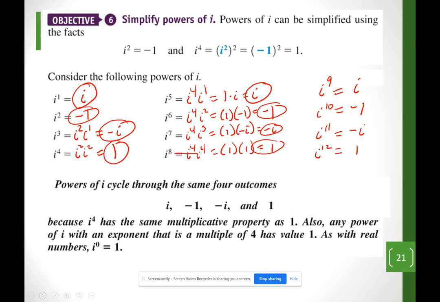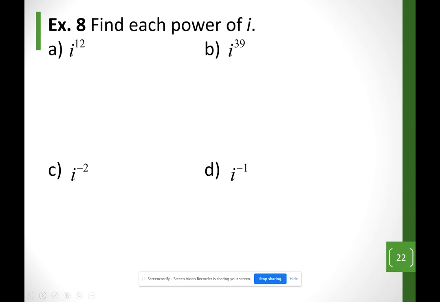Because i to the 4th has the same multiplicative property as 1, right? Any power of i with an exponent that is a multiple of 4 has a value of 1. The same thing with i to the 0, because that's a multiple of 4. So when I have something really, really big, let me subtract from my exponent any multiple of 4.